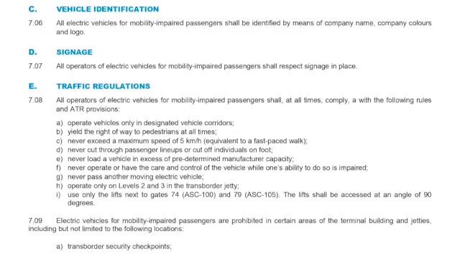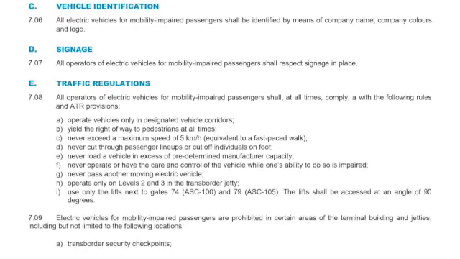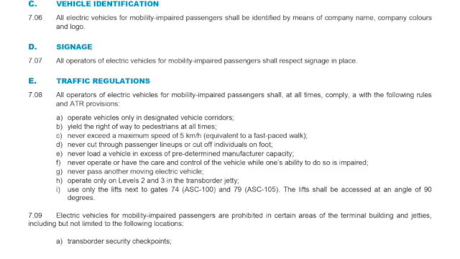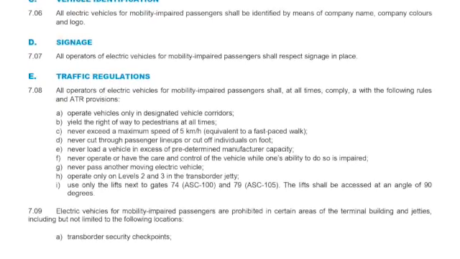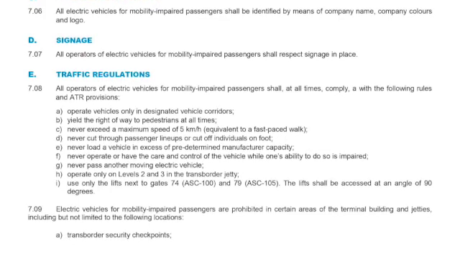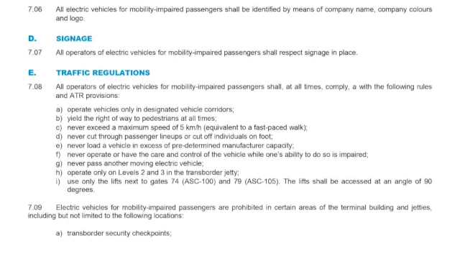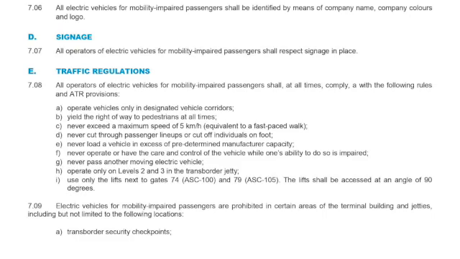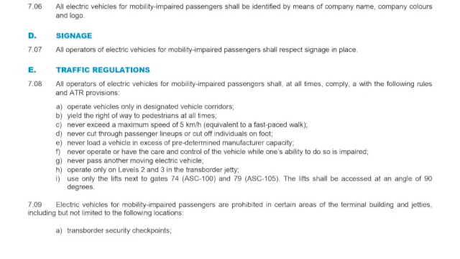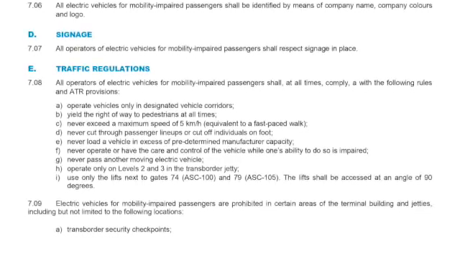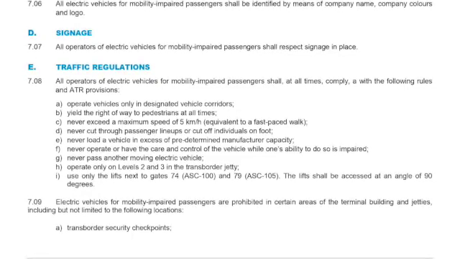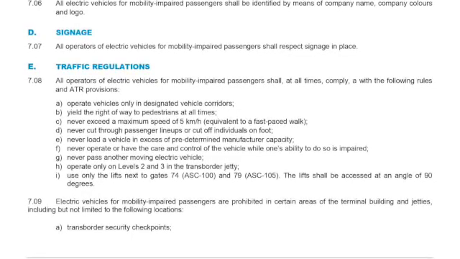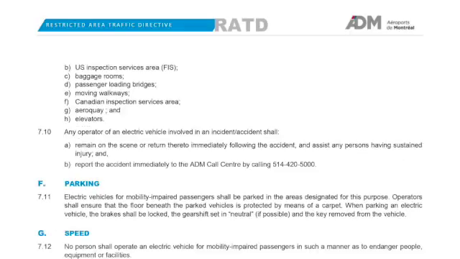H. Operate only on levels 2 and 3 in the transborder jetty. I. Use only the lifts next to gate 74, ASC 100, and 79, ASC 105. The lifts shall be accessed at an angle of 90 degrees. 09 Electric vehicles for mobility impaired passengers are prohibited in certain areas of the terminal building and jetties, including but not limited to the following locations: A. Transborder security checkpoints.